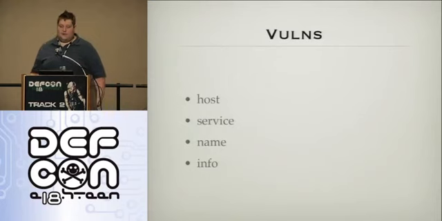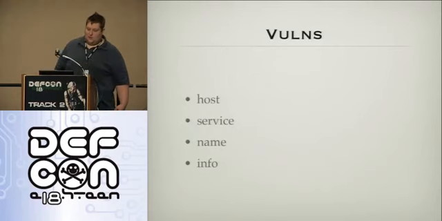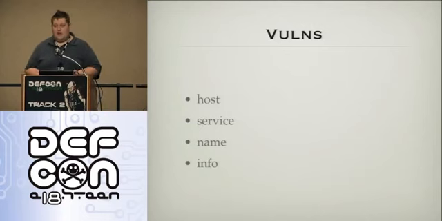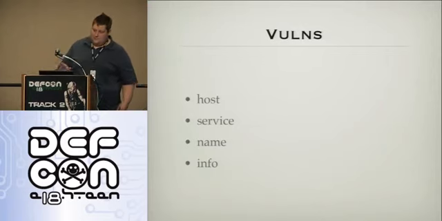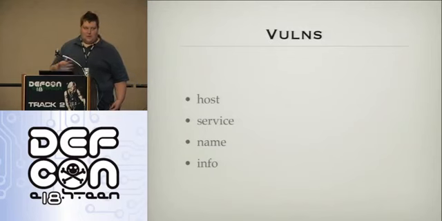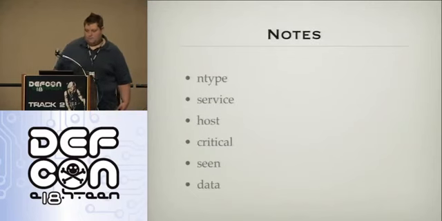The vulns is actually a relatively small table. It has a reference to a host and a service. You have the name of the vulnerability. You actually have references for OSVDB or CVEs or whatever that relate to that. And then you have an info block where we are storing all of that extended information about the full text of vulnerabilities.